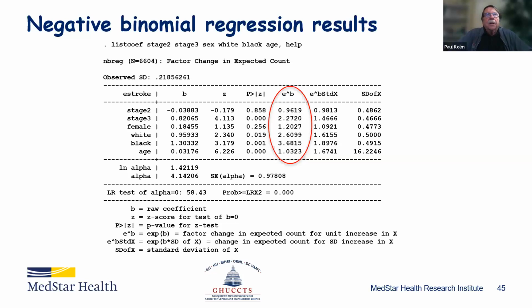In our Poisson or negative binomial regression, these are what we call incident rate ratios. So again, for stage 3, the incident rate ratio is about 2.3 times that of stage 1, and so on. You see that they're fairly similar to when we did the regular Poisson regression.